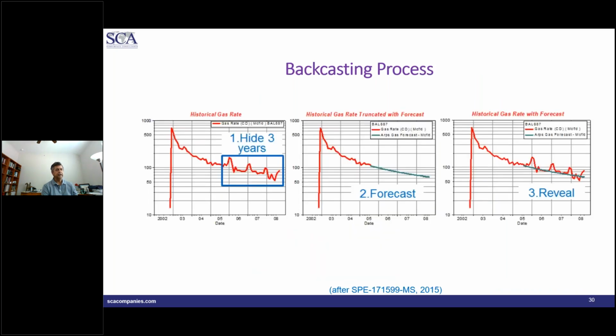Let's carry on. The backcasting is that you can hide some years of production and presume that this is all you know, and you do the forecasting, and then you reveal the hidden data to check how well it's working or not working for you.